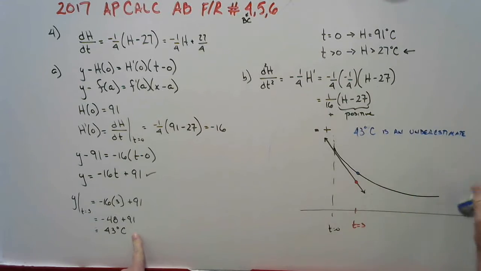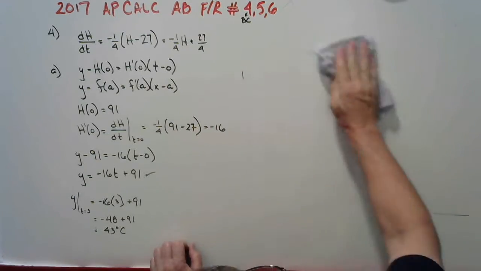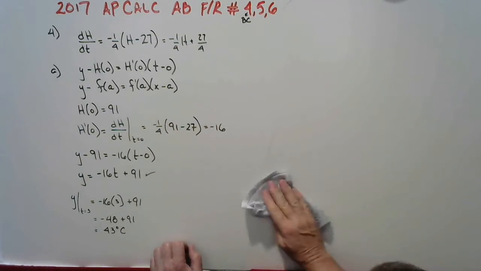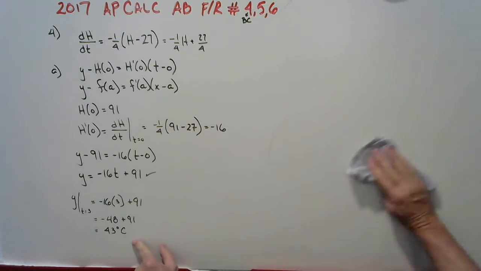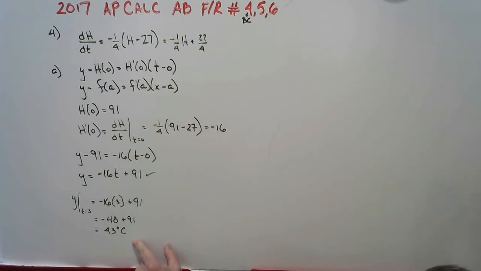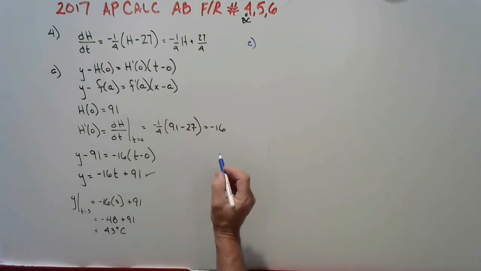Okay, so I'm going to go ahead and erase this half of the whiteboard. We'll leave this up here so we can see our 43 degrees answer and see if this is a better solution. So now for part C, we have a different differential equation.